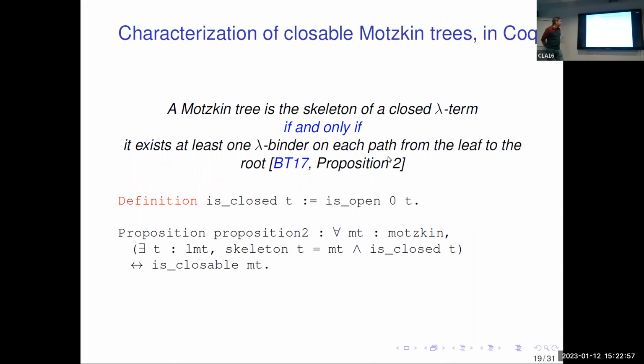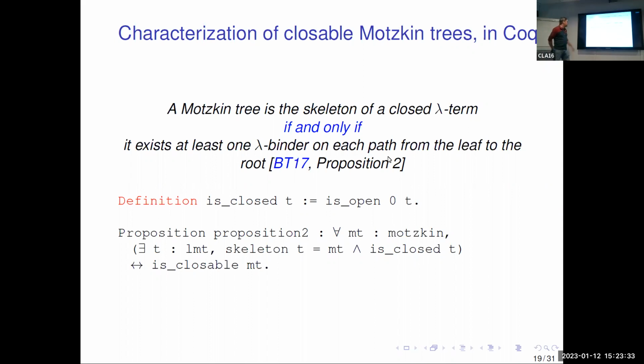And so you can prove formally the statement about Motzkin trees. If you have a definition of is closed as being open with degree 0, so no freedom at all, you can prove the following proposition, which is the translation in Coq of the statement here. For all MT, a Motzkin tree, there exists a T, which is a labeled Motzkin tree, such that the skeleton of T is MT and T is closed.